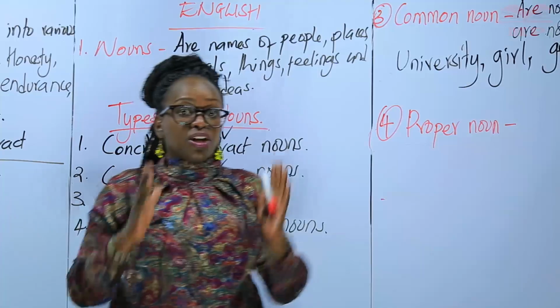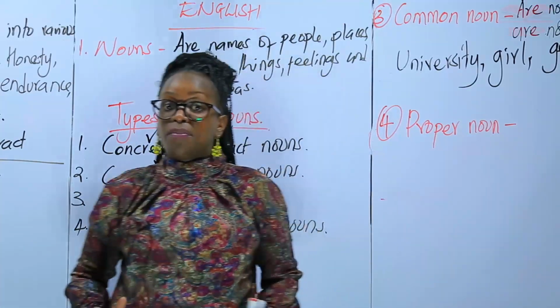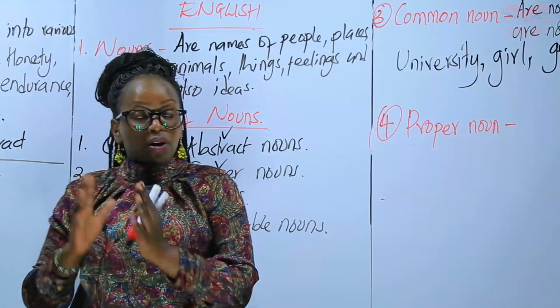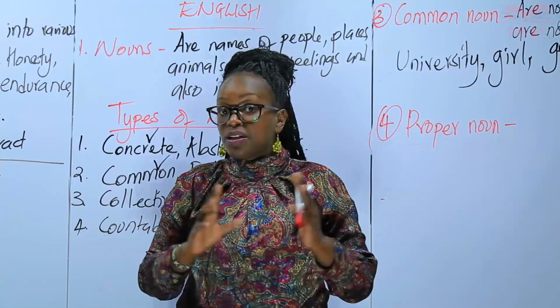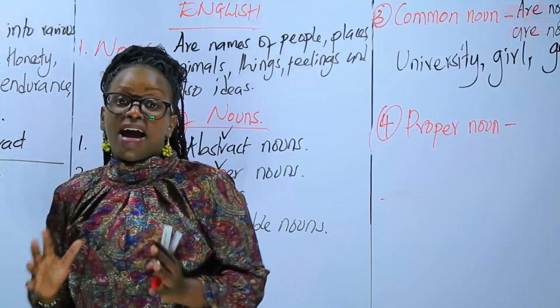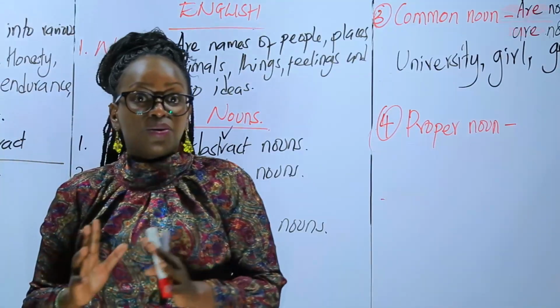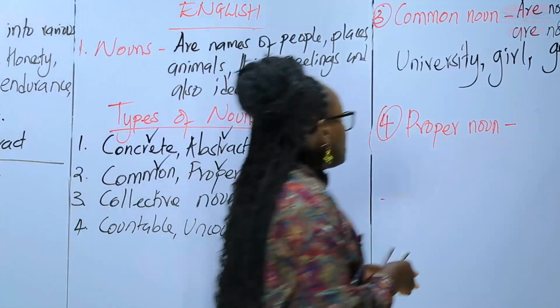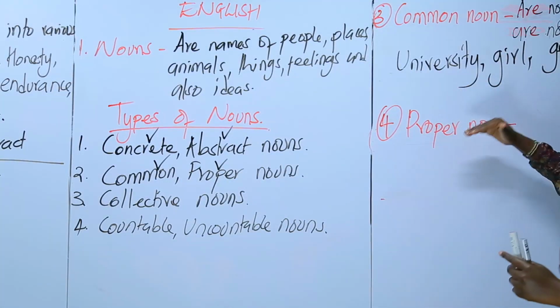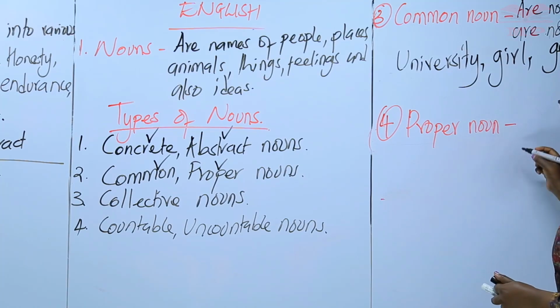If I talk about Nairobi, I'm not talking about any other city, I'm only talking about Nairobi. If I talk about Mombasa, I'm talking about Mombasa only. If I talk about Peter, I am only talking about Peter. If I talk about Natasha, it's only Natasha.